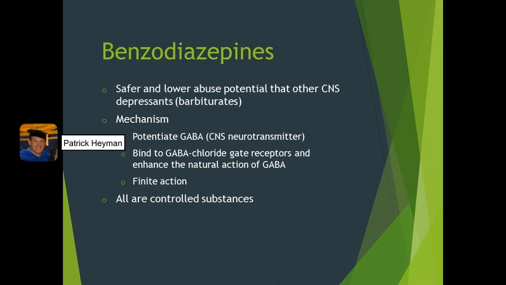I wanted to mention that the finite action means that there's a ceiling on the maximal efficacy of benzodiazepines. That makes them relatively safe unless you combine them with other central nervous system depressants, such as alcohol. And that is one of the problems, is that people who take benzodiazepines recreationally often mix them with alcohol, or opioids, or even antihistamines, because all of those have the ability, in combination with the benzodiazepines, to cause death.